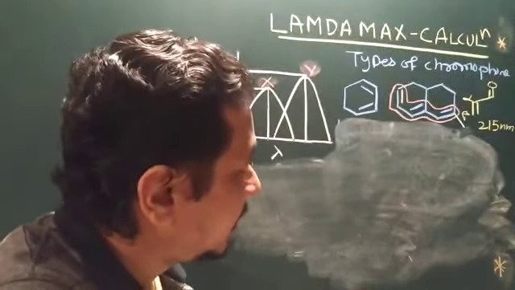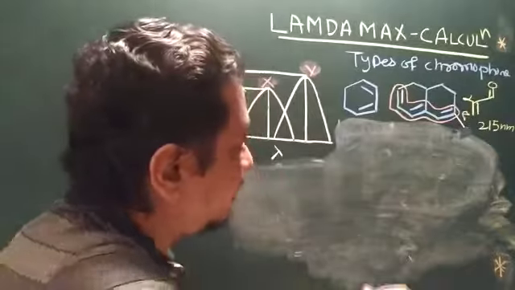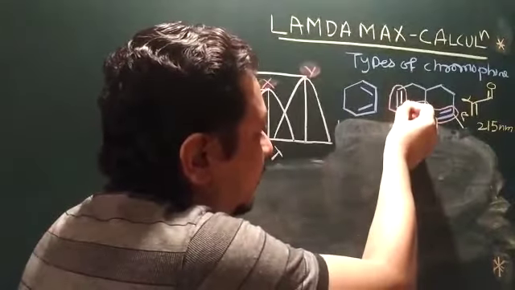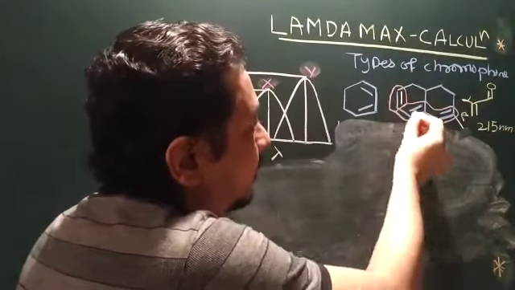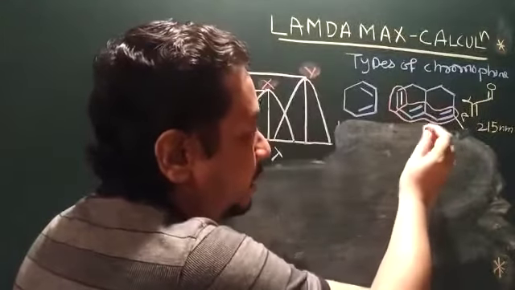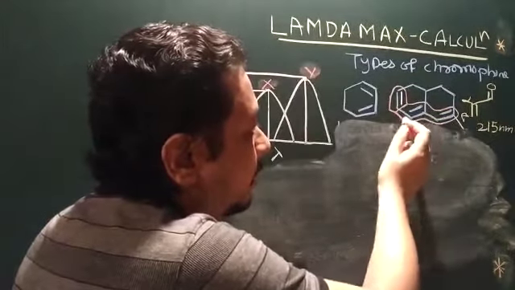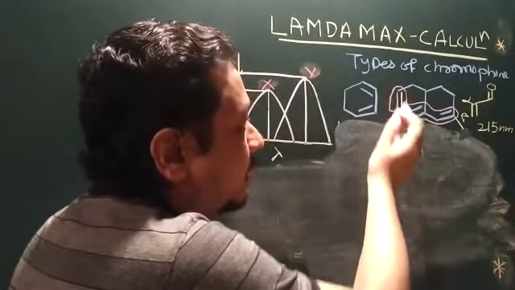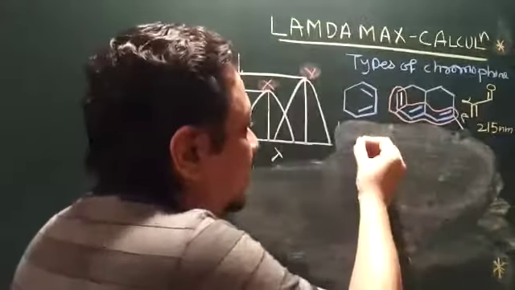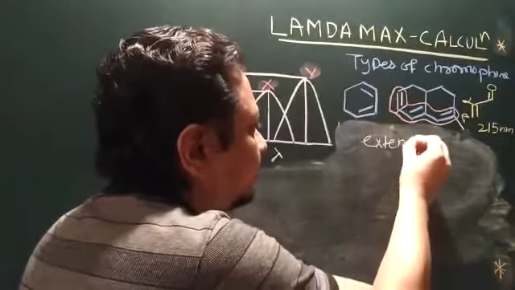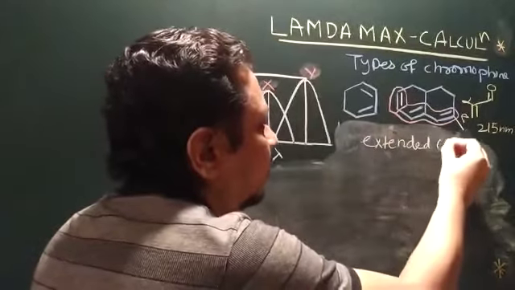Now the minimum conjugation is when there are two double bonds. This is a minimum conjugation, okay, and after those two double bonds, if there is one extra double bond, we call it extended conjugation.